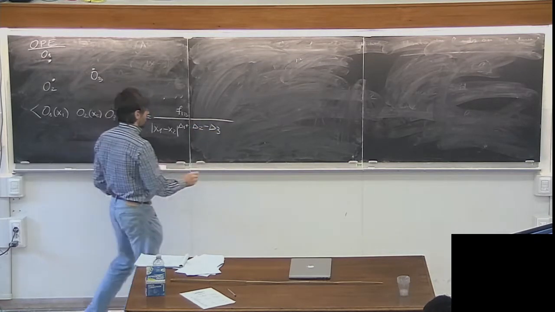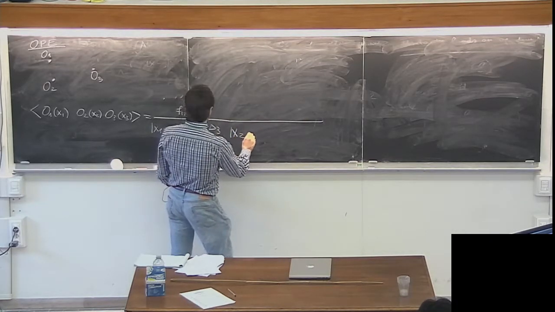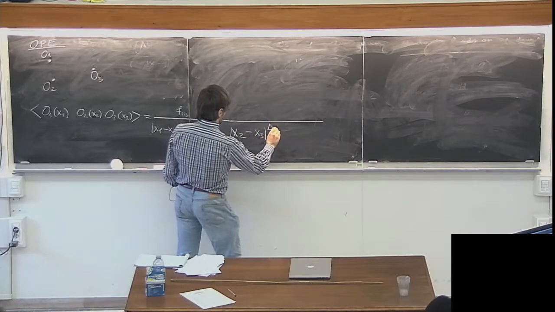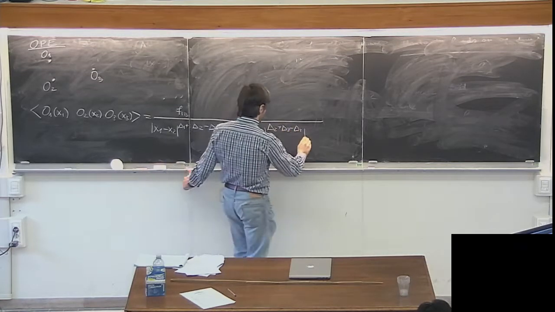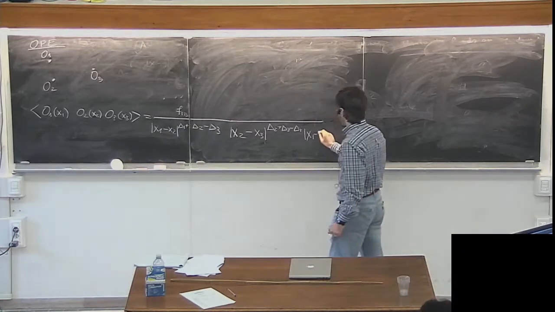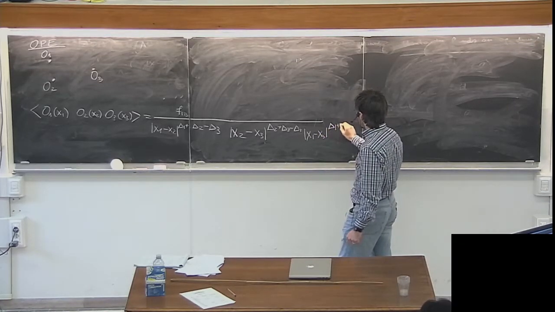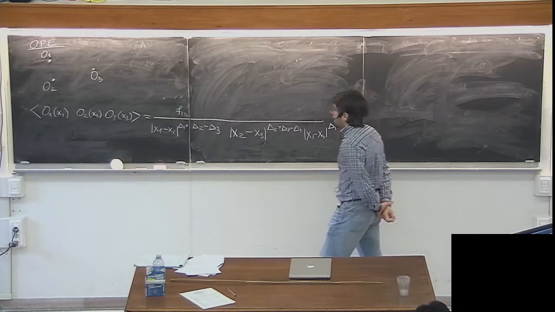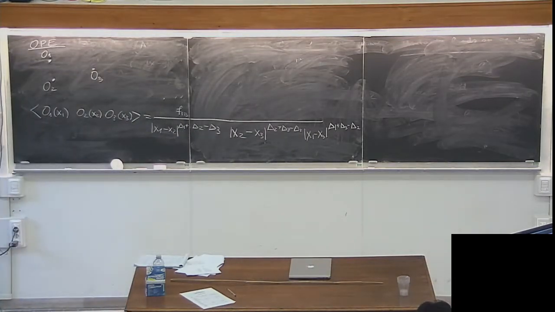Let's write this all in painful detail: x2 minus x3 to the power delta 2 plus delta 3 minus delta 1, x1 minus x3 to the power delta 1 plus delta 3 minus delta 2. So this is the exact conformal 3-point function.